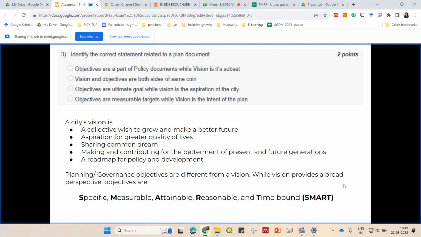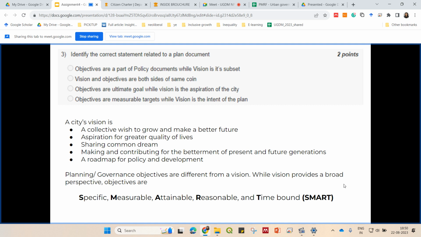It is a wish not only of the urban local governance or the urban development authority, or just of the citizens, but it's a collective wish. So it should be a wish of the citizens, the urban development authority, the urban local body, and everyone involved. All the stakeholders should have a collective wish for growth and making a better future for the city. So that is what a city's vision is.